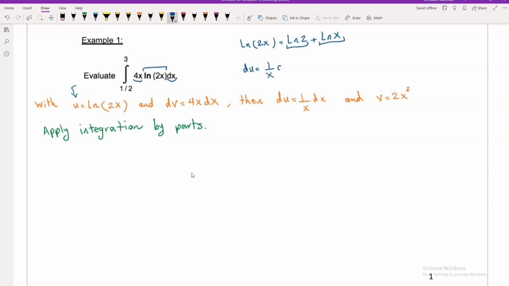So 1/x times dx is what I have here. And v is 2 times x squared. If we try to find the derivative of this one, that will be 2 times 2, so it's 4x. It is what we have here on this part.